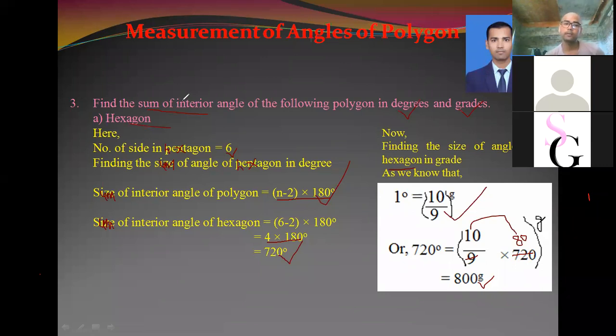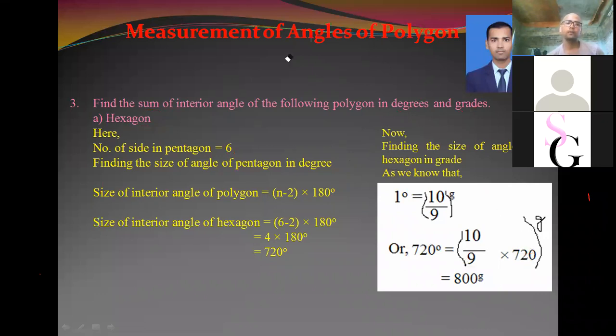In the same way, the sum of the interior angles of a hexagon in degrees is 720 degrees. I hope in this way you can find the sum of the angles in grade as well as in degrees.